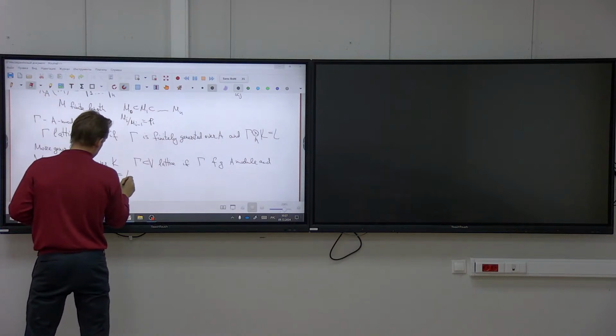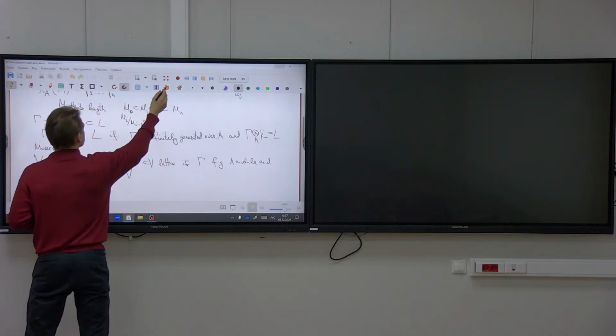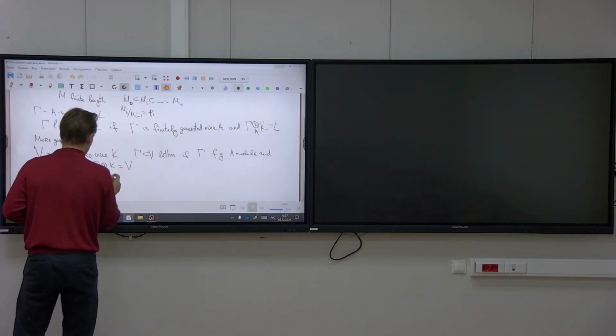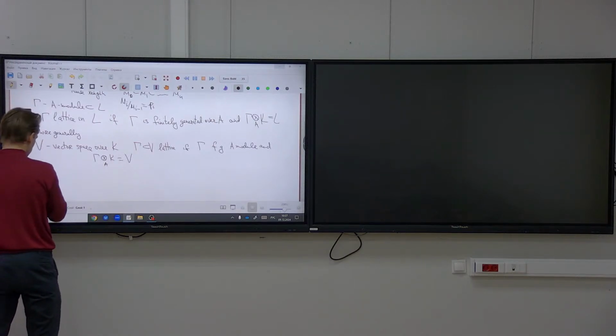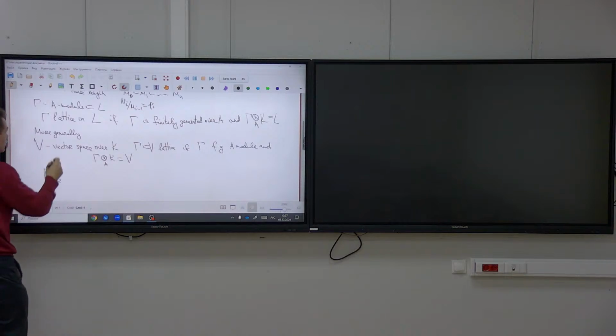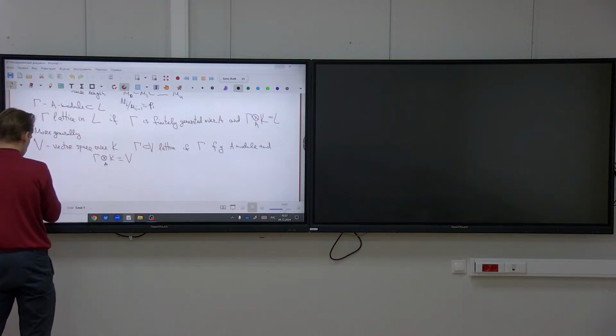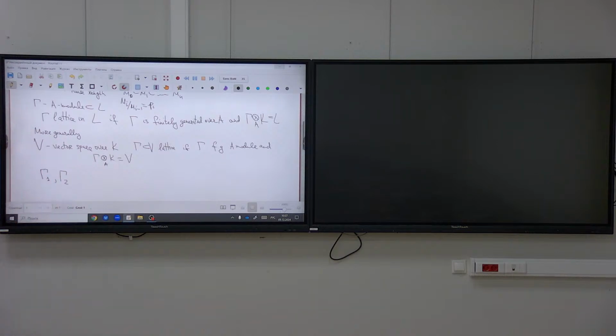So now you see that if you have two lattices, so we have noticed that if we have two lattices, gamma 1 and gamma 2, yeah, so we can consider the following object.